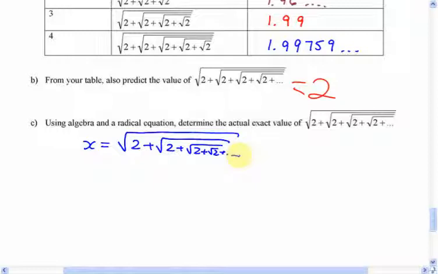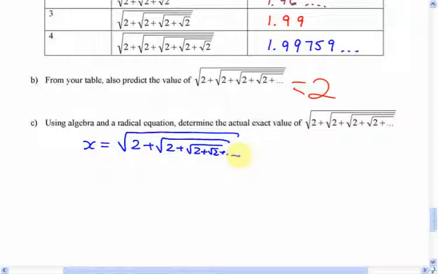Now, can someone tell me, if this whole thing goes on forever and ever and ever, and this equals x, can you also see the value of x somewhere in here? Where? Where this starts? Yeah. Okay.